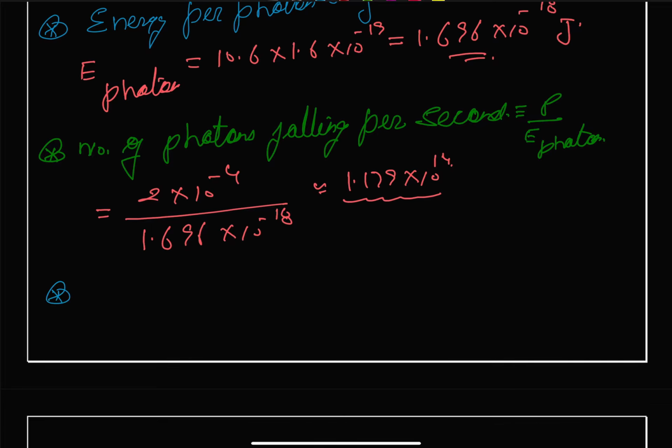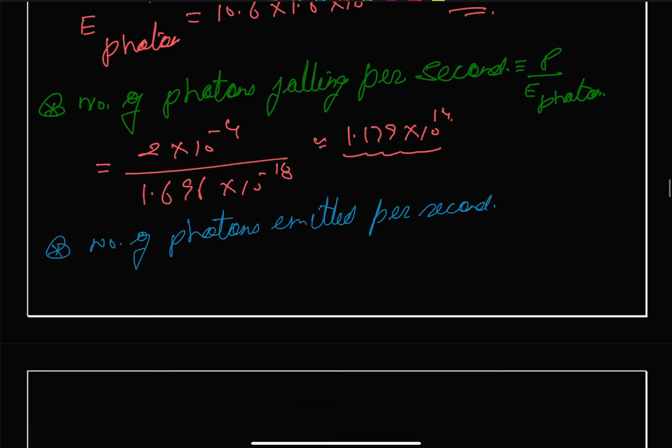Number of photons emitted per second, let us call this NE, and let us call this NP.